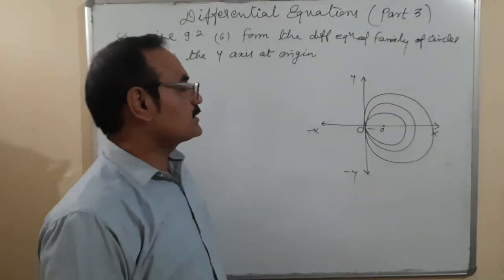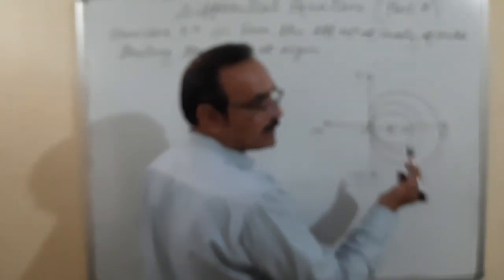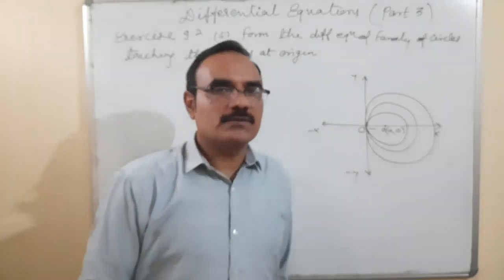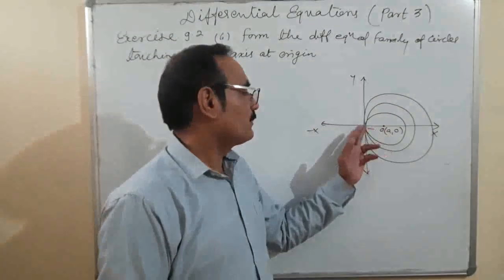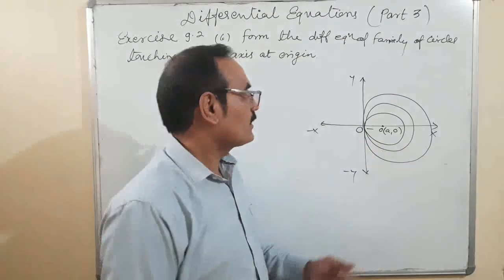Center of the circle, because it's touching at the y-axis. Okay. So that means on y-axis, the second coordinate is 0, but first can be anything. We can consider, suppose it is a comma 0. This can be minus a also on that side. Okay. Because they are asking for the family of circles, so it can be minus a also.